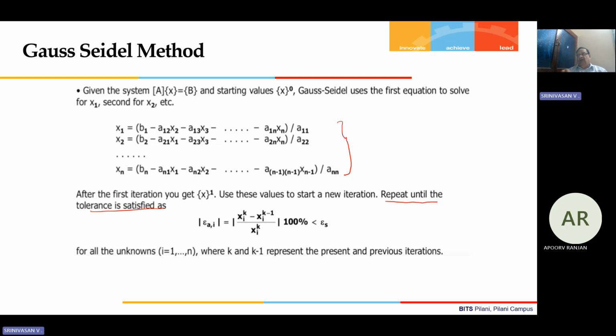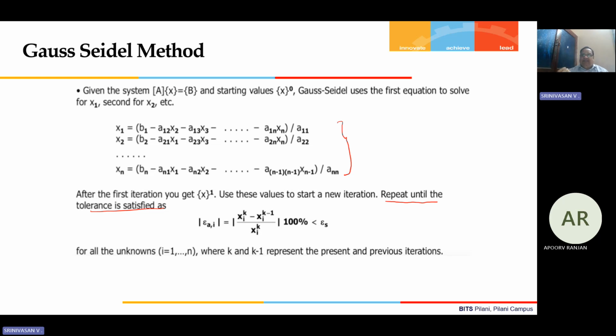This is actually the difference between the latest and its previous iteration, divided by the latest one. If it is multiplied by 100%, it is less than epsilon. Anyway, that marginal value is less than epsilon. Epsilon means a very, very small quantity tending towards zero.